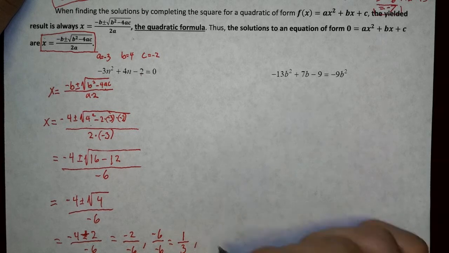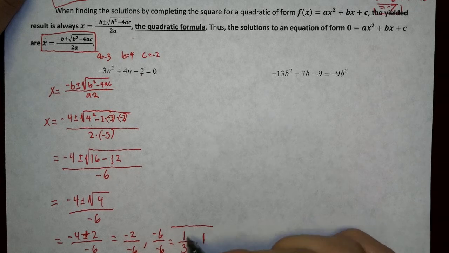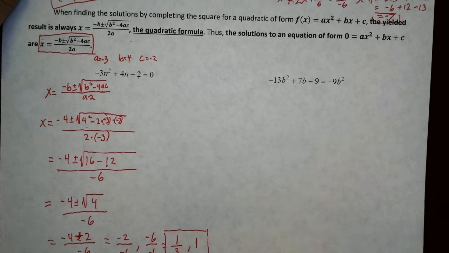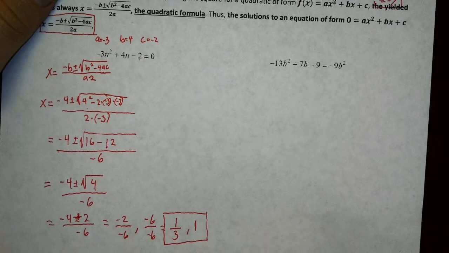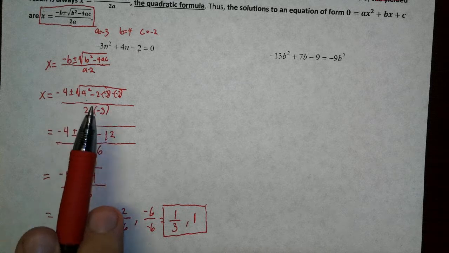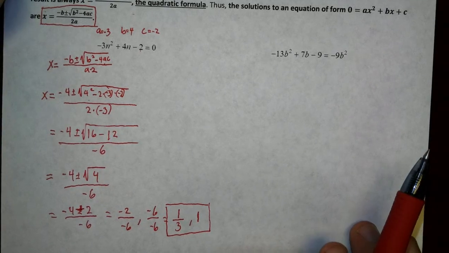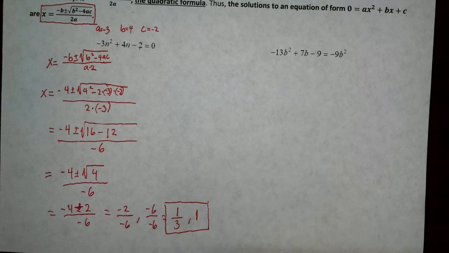And negative 6 divided by negative 6, well, that's just 1. So these would be my two solutions. Okay, let's scoot this up a little bit. Notice that this calculation under here is very essential. That's actually going to be a chunk of these problems.